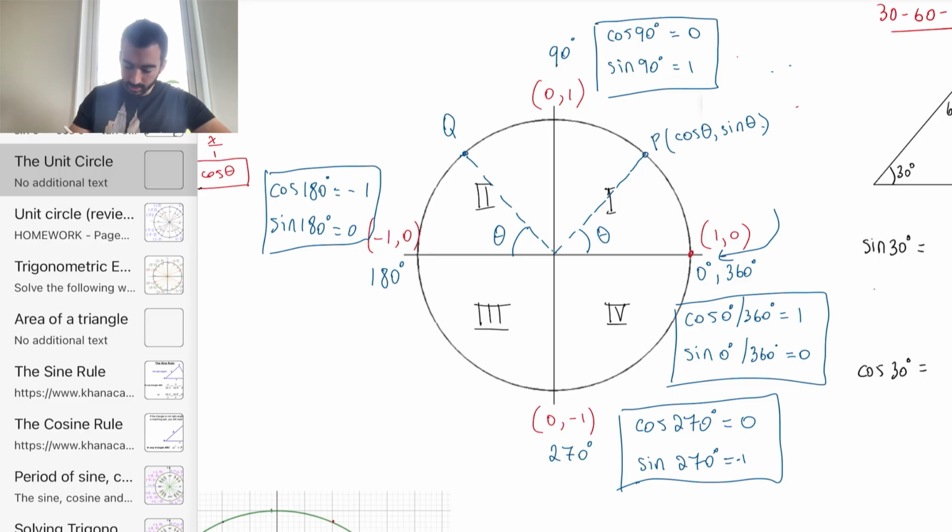This angle, the new one, is the same as saying 180 degrees minus theta.